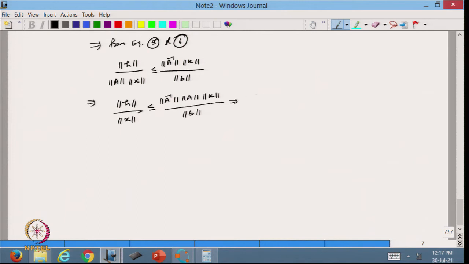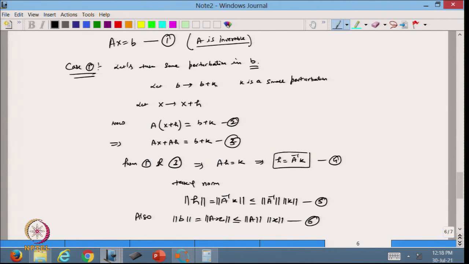Now from here I can write the norm of h divided by the norm of x, that is less than or equal to the norm of A inverse, the norm of A, and then k divided by b. Now if you see from here, this is the relative error in b, because we have changed b to b plus k.